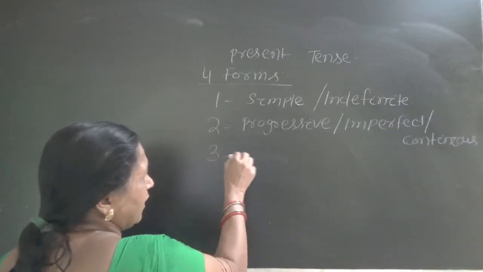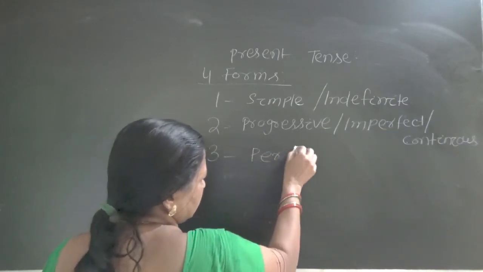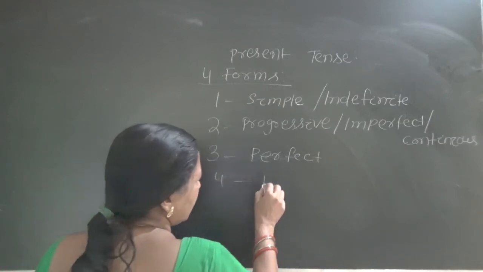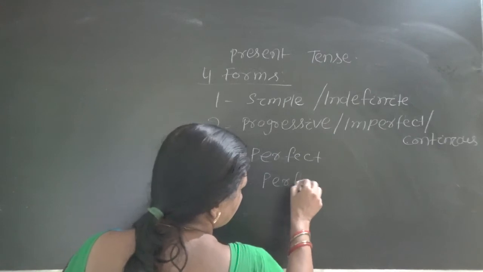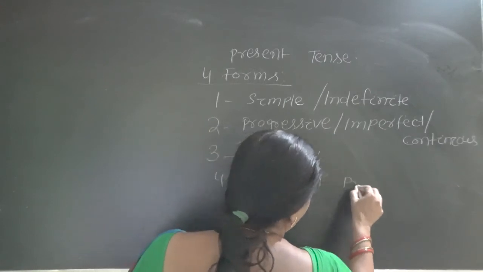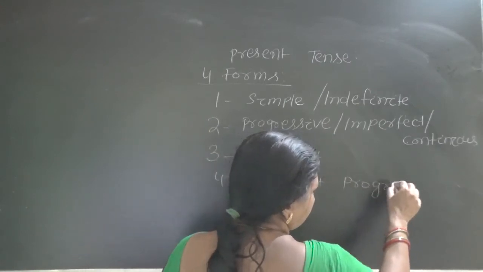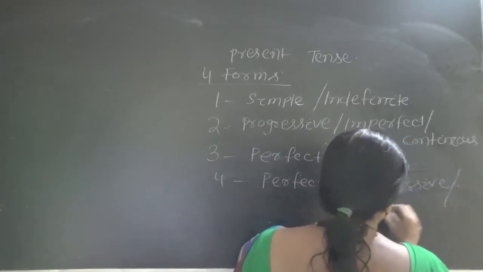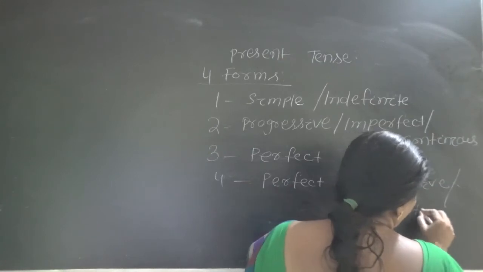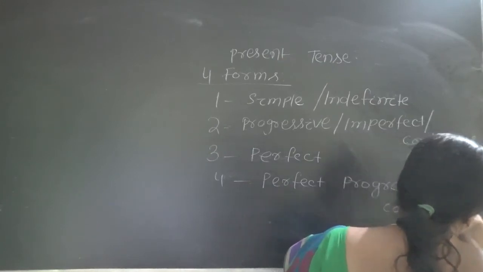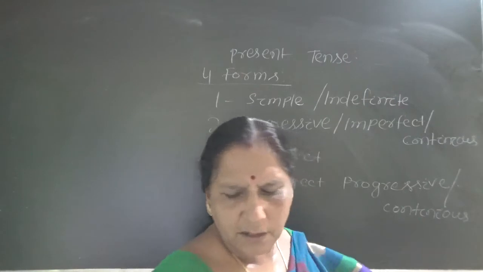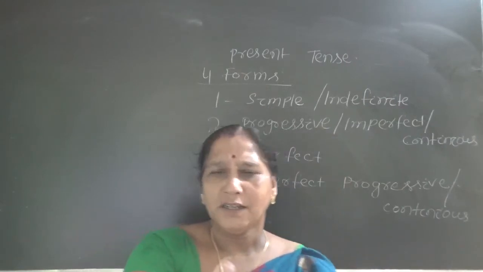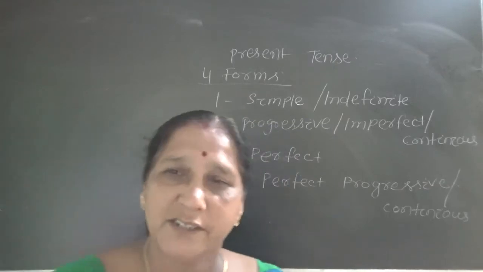Then the third one is perfect. And the fourth one is perfect progressive or perfect continuous. These are the forms of present tense.